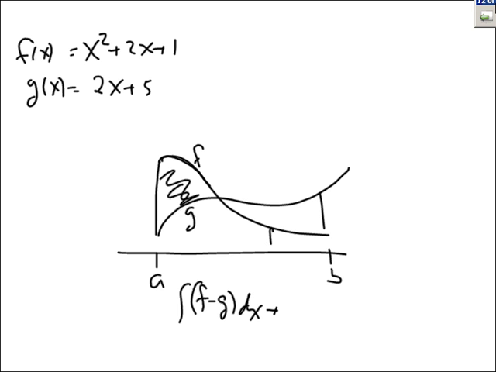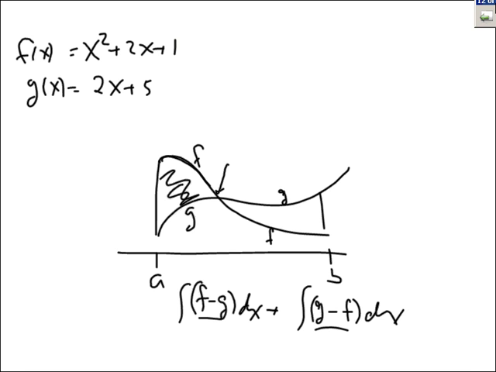But then here's F, and here's G, but then G's on top. The only time it's going to change where one being on top becomes the one on the bottom is where they intersect.